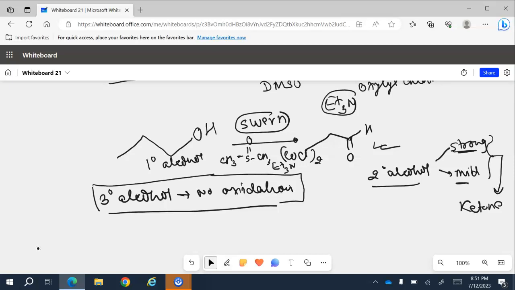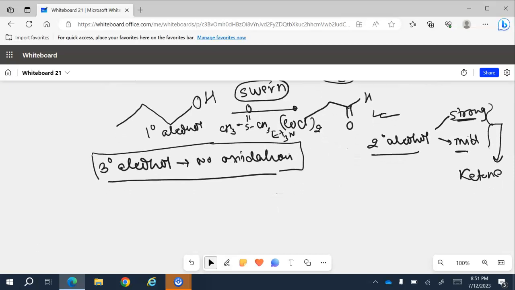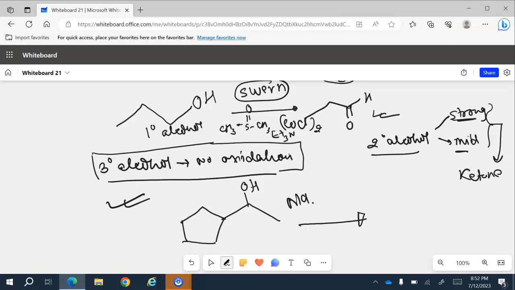So these are some oxidation reactions that happen in alcohol. All right. So in your test, you may have questions like, okay, we have this alcohol. Now we are using Na2Cr2O7 and H2SO4.